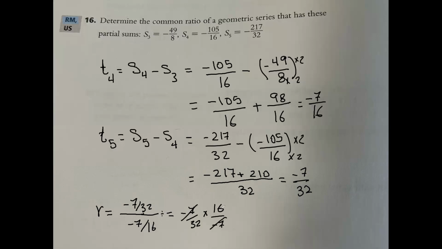The negative 7s will cancel, 16 goes into itself once, it goes into 32 twice, and the common ratio will be 1/2.